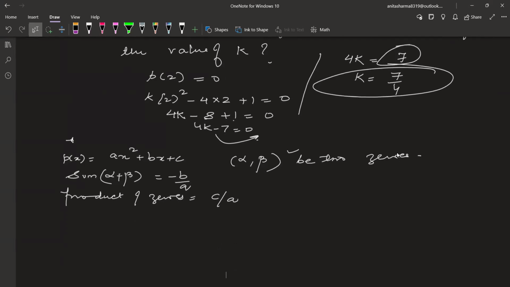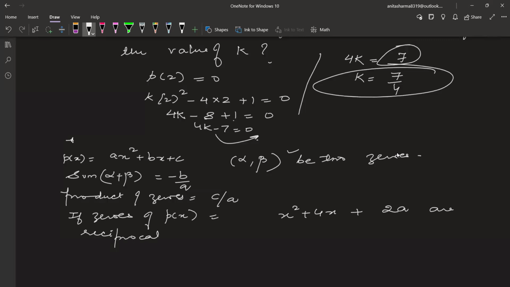Now suppose you are given: if zeros of polynomial x square plus 4x plus 2a are reciprocal to each other, then find value of a.